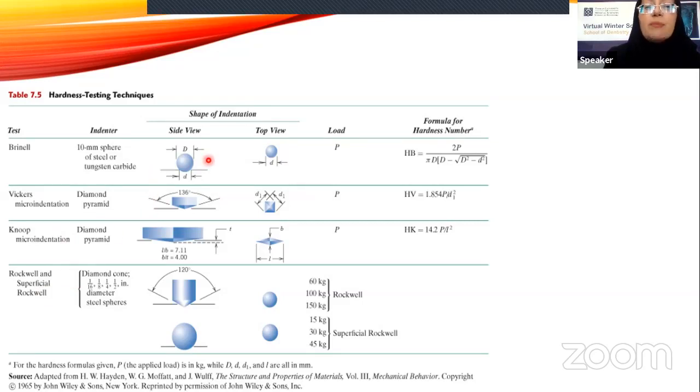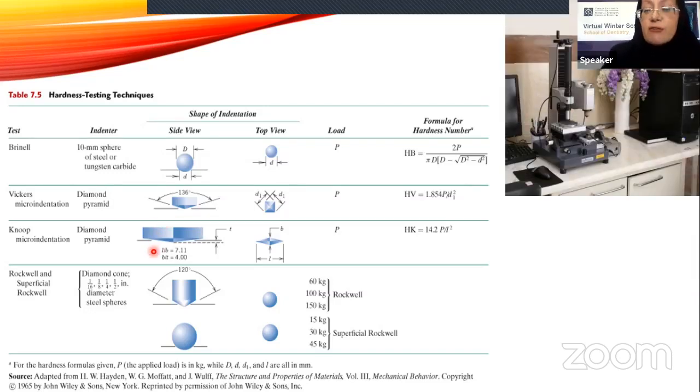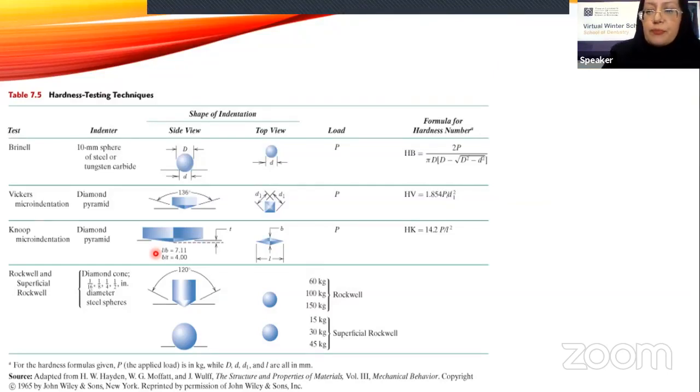The difference between these devices is just in their indenter. For example, Brinell has a ball-shaped indenter, and Vickers and Knoop have a diamond-shaped indenter. We have the Vickers hardness test machine in our department.